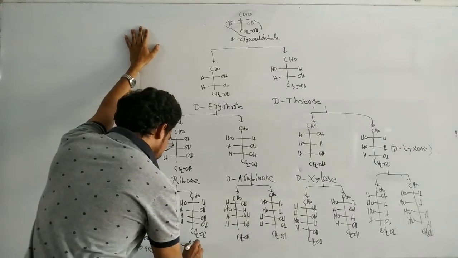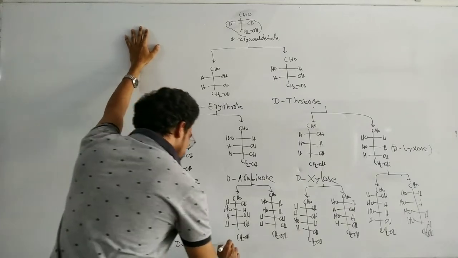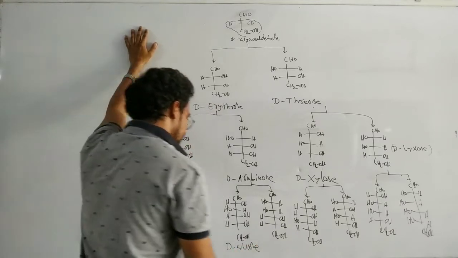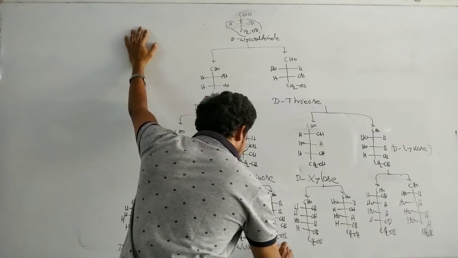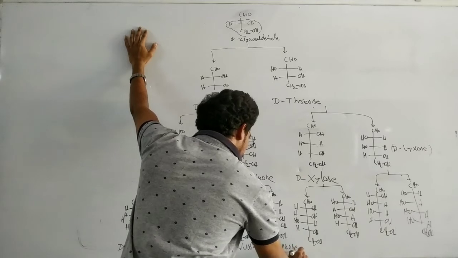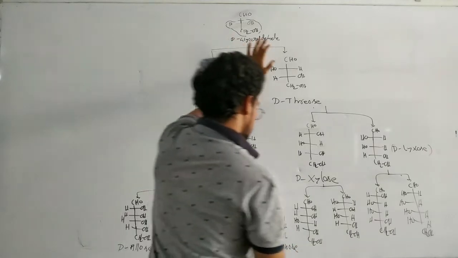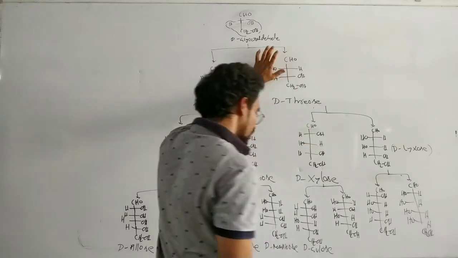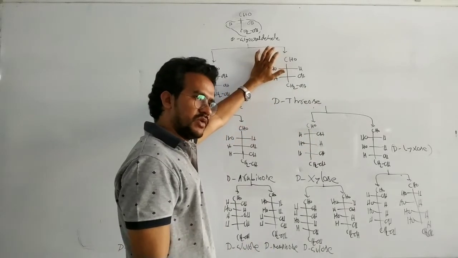This is altrose. This is glucose. This is mannose. This is D-glucose. Glucose. G-U-L-O-S-E.